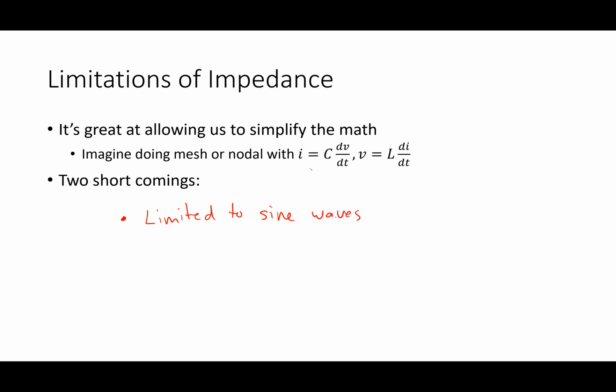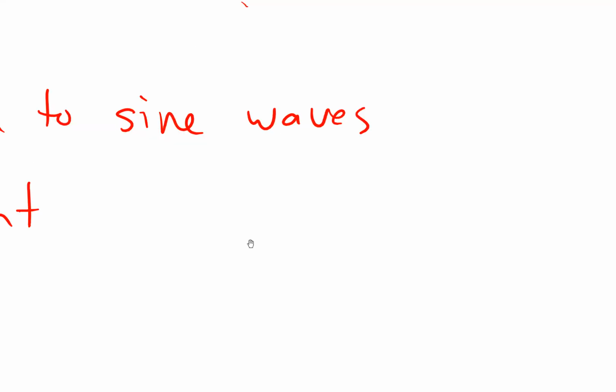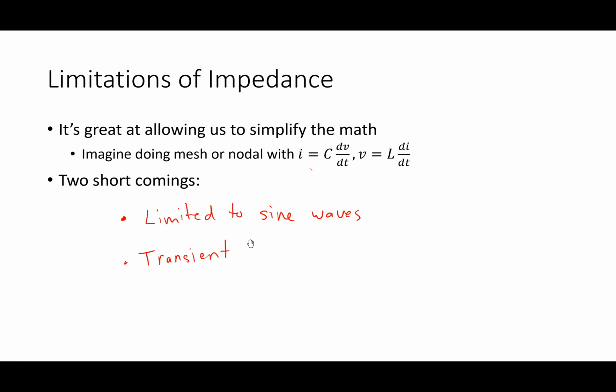The other limitation is that we cannot do transient analysis, right? Impedance made the implicit assumption that transient is not included. We implicitly assume that we have sinusoidal inputs and we only care about steady state conditions, all right? So the transient's not included.